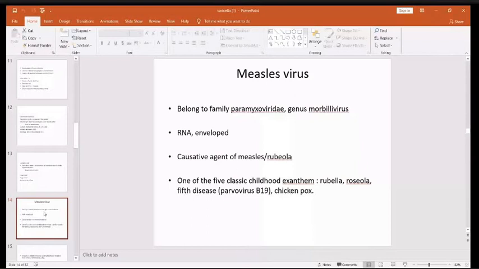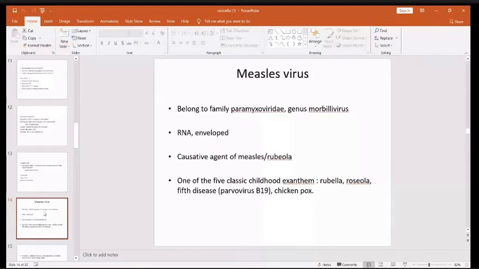Other infections I'd like to mention here are the 5 classic childhood rash-producing infections. Among them, measles is one of them. Other infections include rubella, roseola, fifth disease that is caused by the parvovirus, and chickenpox.